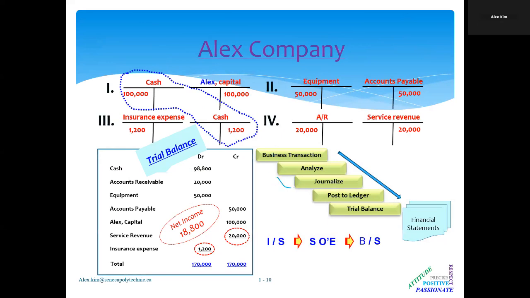Journal updates your ledger, ledger updates your trial balance, which includes all the account names the company has along with normal balance amounts. So total debit equals total credit, so we call it the trial balance. Beautiful one-page table.